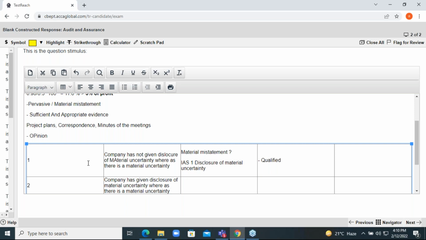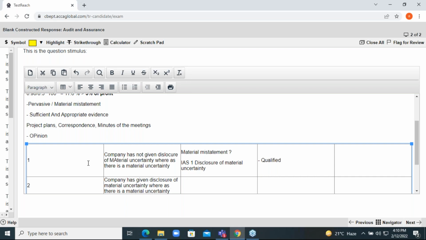Now, dear students, yes Rubaid, you can discuss. Normally, you would form a qualified opinion, but you can also tell the examiner that if the issue is pervasive, you can also give an adverse opinion in that case.